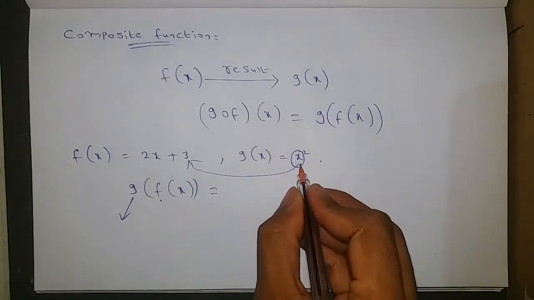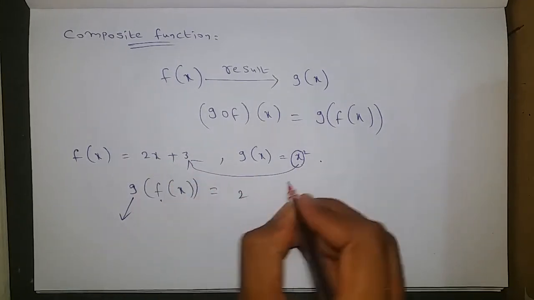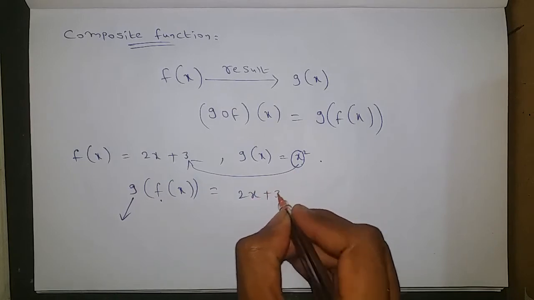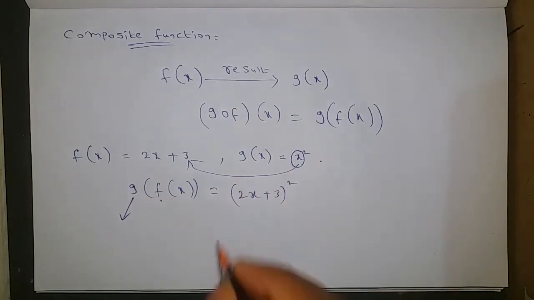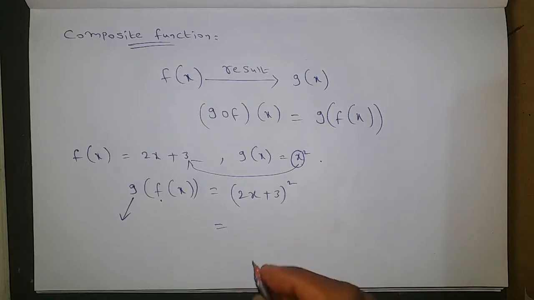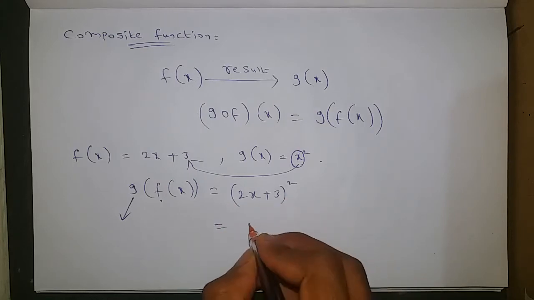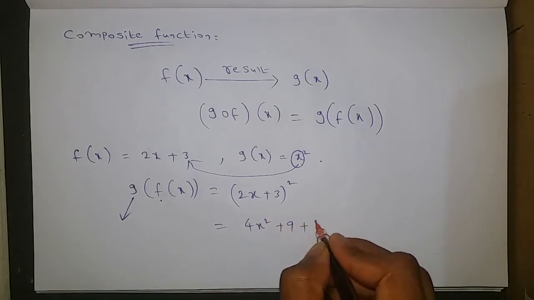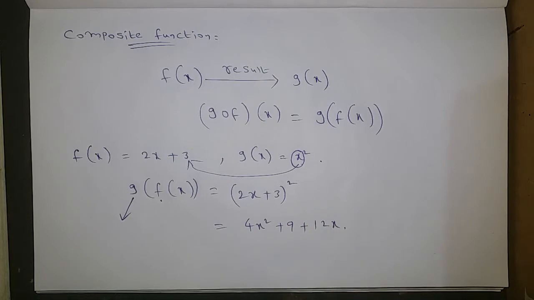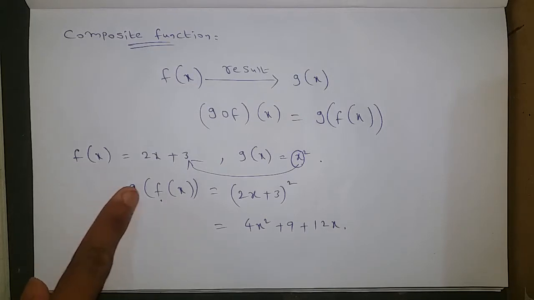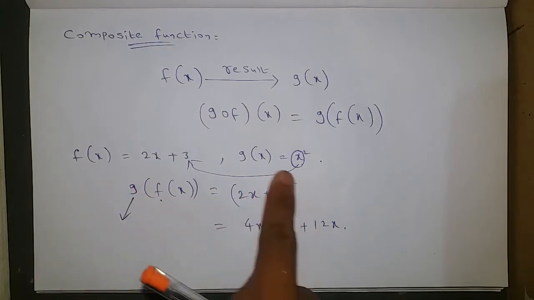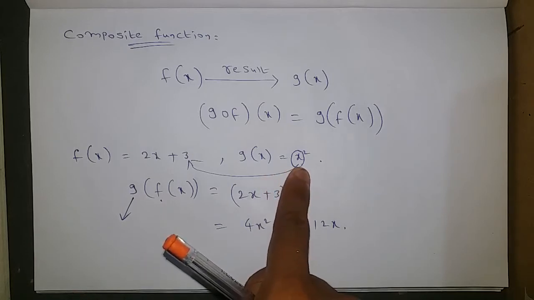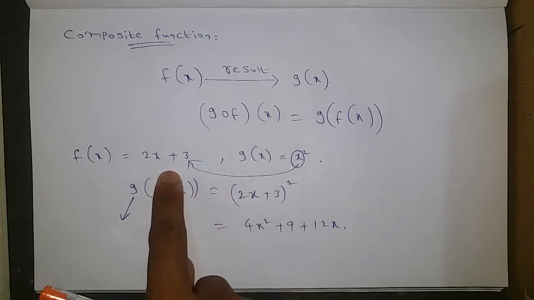So in the place of x, 2x plus 3, that square as it is. So we will get 2x plus 3 whole square is nothing but 4x square plus 9 plus 12x. So g of f of x is nothing but in g we need to substitute f. Here in the place of x I am substituting the total f of x.